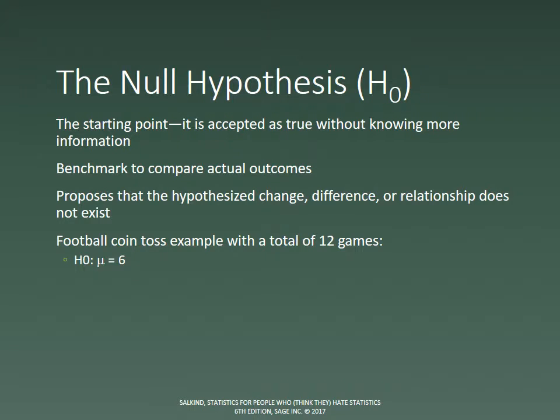Another example: there's no relationship between reaction time and problem-solving ability. And finally, there's no difference between Caucasian and African American families in the amount of assistance families offer their children in regards to school-related activities.